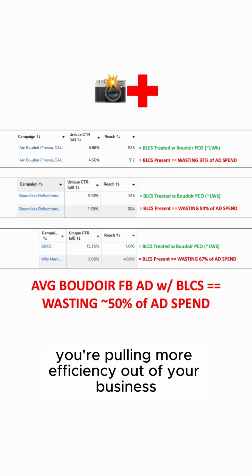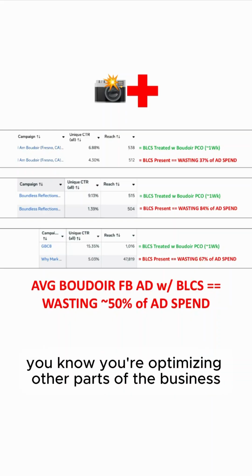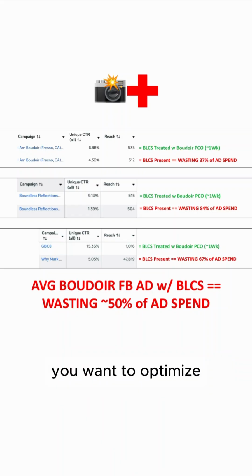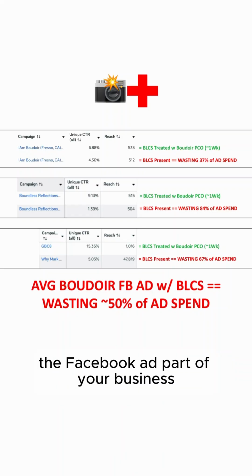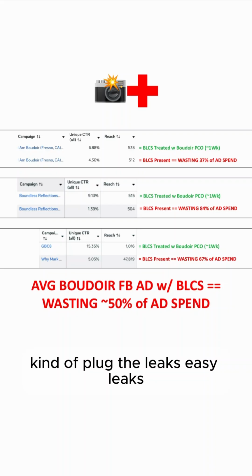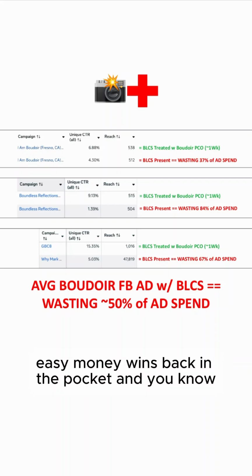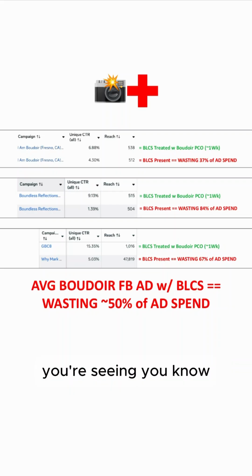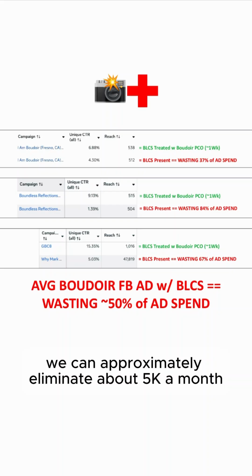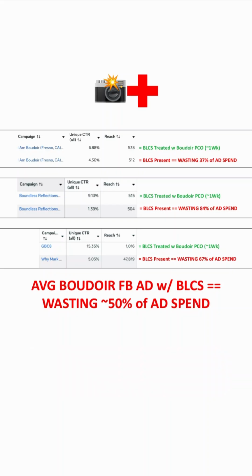So you decide you're pulling more efficiency out of your business. You're optimizing other parts of the business. Now you decide you want to optimize the Facebook ad part of your business, plug the leaks, easy leaks, get some fast, easy money wins back in the pocket. And you're seeing we can approximately eliminate about 5K a month in wasted Facebook ad spend. Put that back in your pocket.